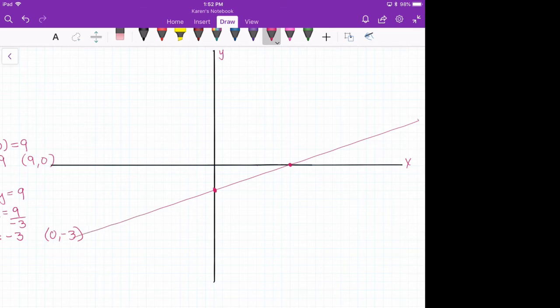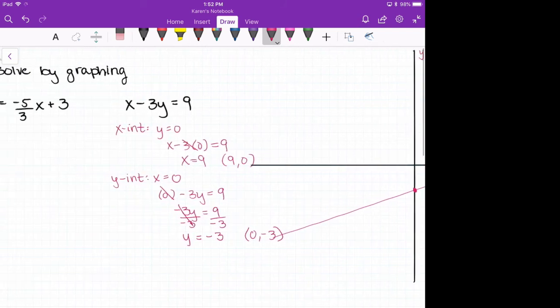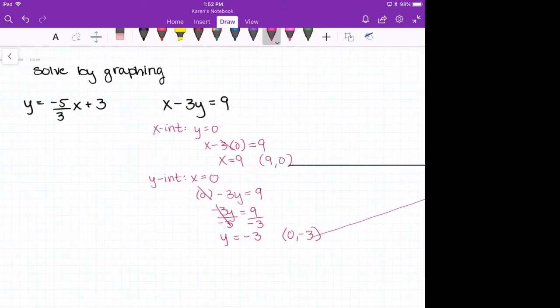So let's go back to our other line. This line has a y-intercept, well, let's do this in a different color, of 0, 3. That's our y-intercept, and a slope of -5/3. Rise over run.